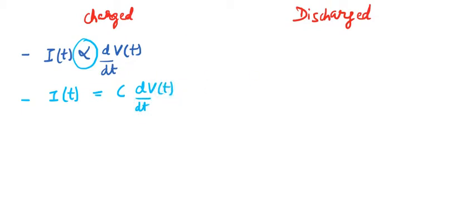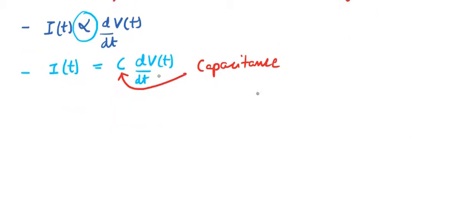Now this is the capacitor. Now take the Laplace of the equation. Then I(s) is equal to C into s V(s), where d/dt is replaced by s in the Laplace transform.